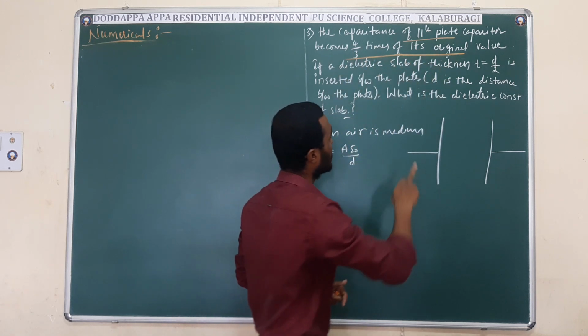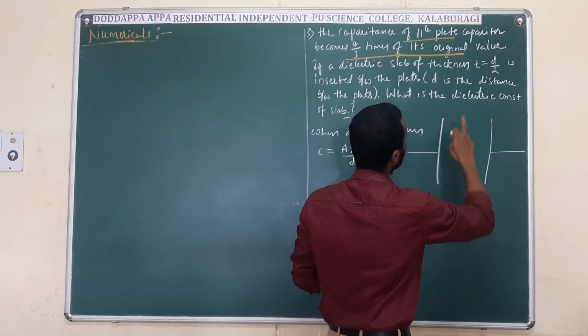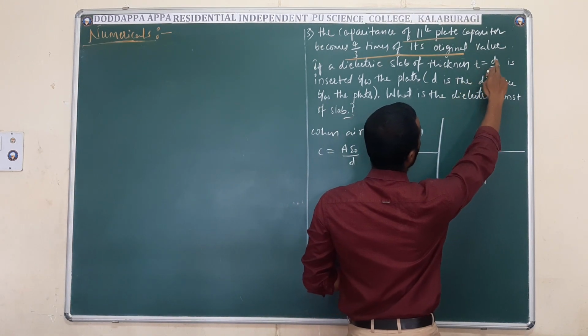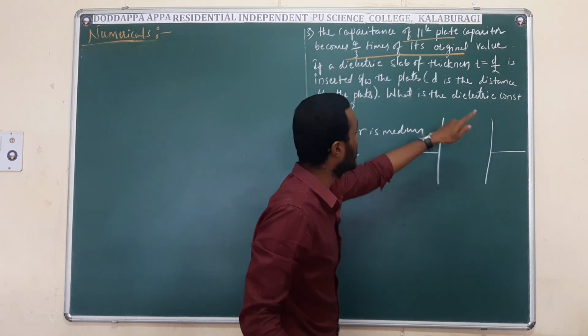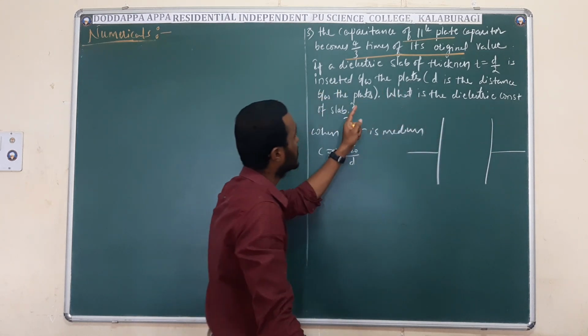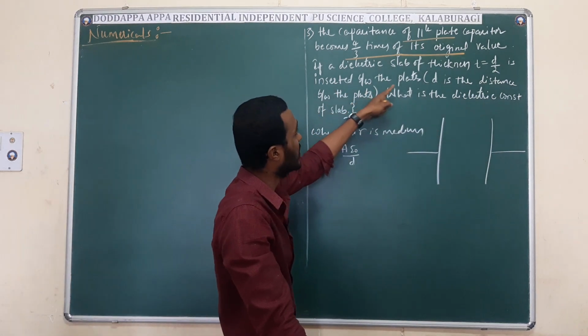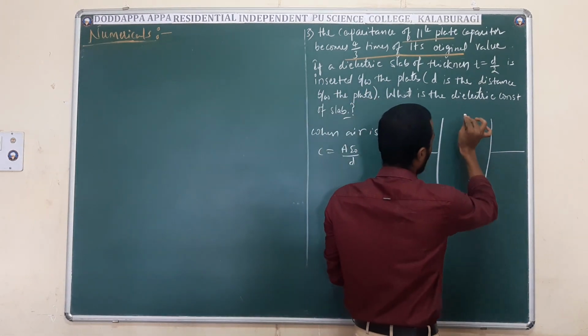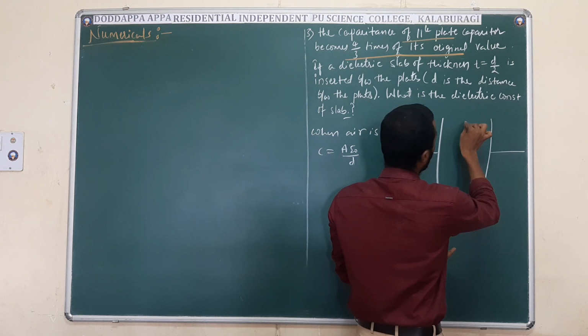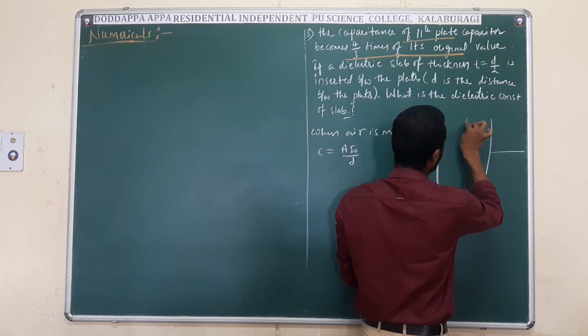I will write it later. Before that you should concentrate on this. The slab thickness t is equal to d/2, in brackets. You concentrate here. The slab of t equal to d/2 is inserted between the plates.